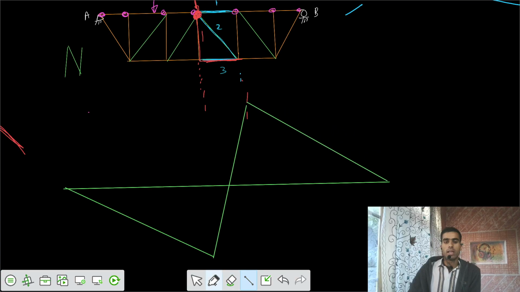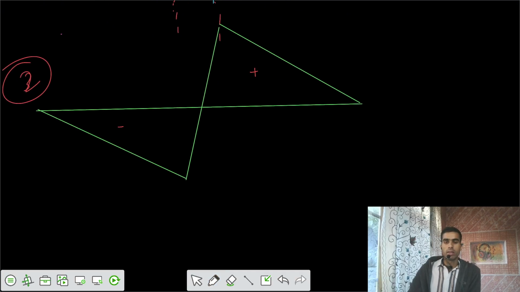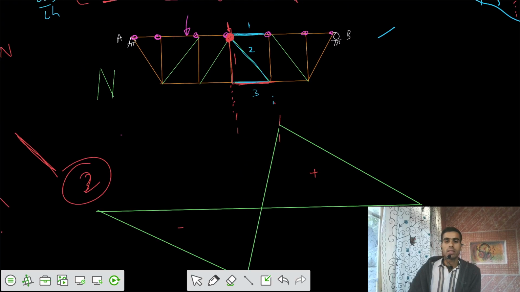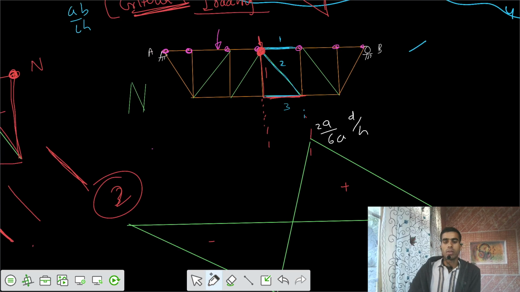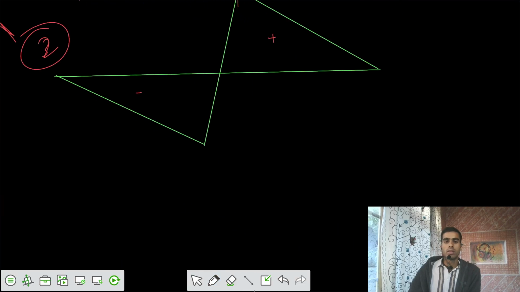So this is your ILD for the third member, member 2. There is some negative value and some positive value, and we have the value of xd by LH. This value is 2a by 6a d by h. For this value, we have x from the other side. And for this one, we have 3 times 3a by 6a d by h.